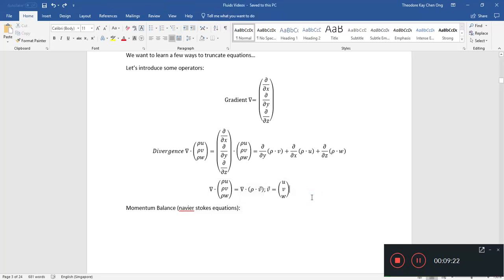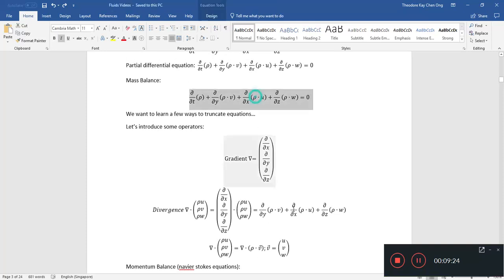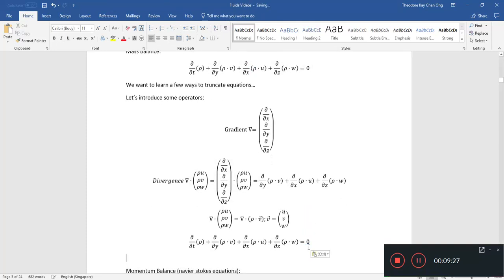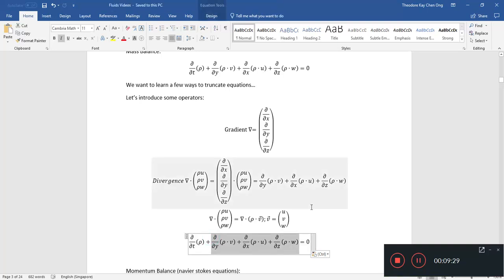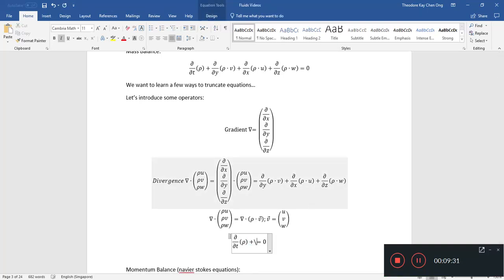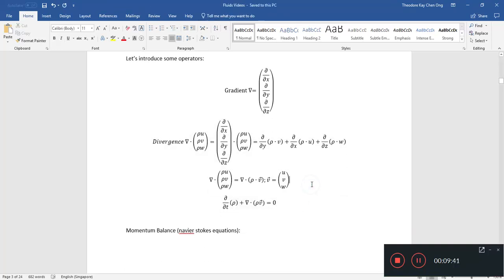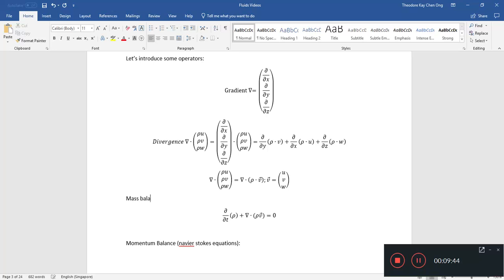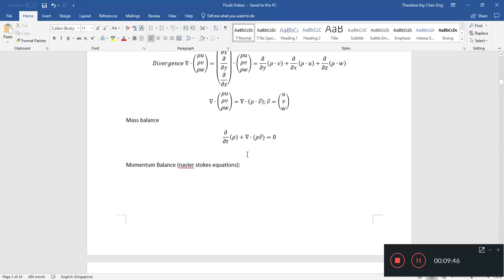And that will give us the same mass balance equation. We can just compact everything. Rho v vector. There you go. This is just the mass balance, which I'm writing another way.